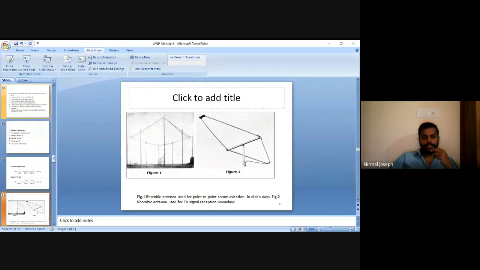Whether those two have the same size, or which has a smaller size, and why? The observation is that one has a smaller size. The modern antenna used for TV signal reception has a smaller size. Why? Can anybody tell the reason?